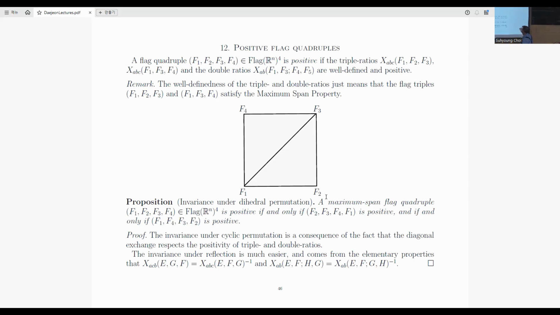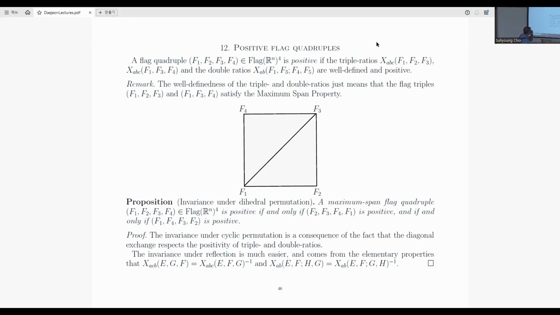So we have this notion of positive flag quadruples, where we have 4 flags. And we say that this flag quadruple is positive if, when I add a diagonal like this, I've decomposed the quadruple into 2 triples: one is F1, F2, F3, and the other is F1, F3, F4.